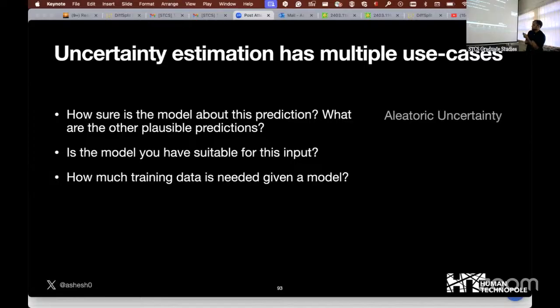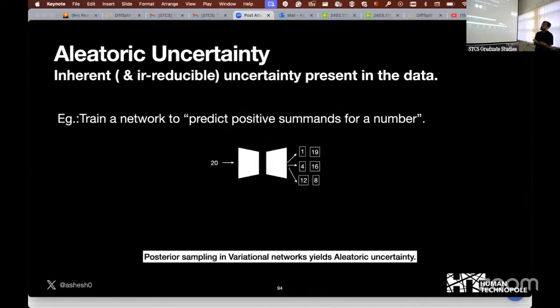Now, the first one could be answered by what people classically term as aleatoric uncertainty, and the next two questions can be answered with epistemic uncertainty. Aleatoric is an uncertainty which is inherent in the data. For example, if I ask you to train a network to predict positive summands for a number, if the number is 20, then 1 and 19 is a good answer because 1 plus 19 is 20.